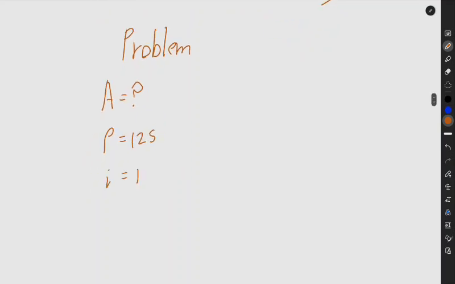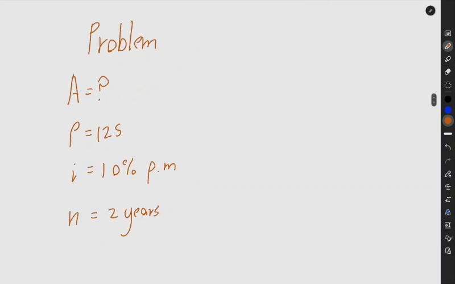Interest is 10% per month. And the term is 2 years. Using this information, find out the accumulated for simple interest and the accumulated for compound interest.